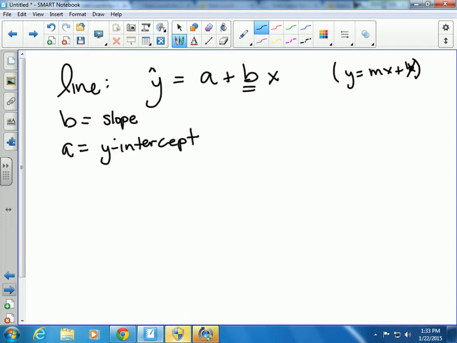Now the problem is the way we find that. b is calculated to be that regression coefficient times the standard deviation of y over the standard deviation of x. And if you remember that our equation is therefore, I'm going to put the sy over sx out front because multiplication is commutative and I can move it back and forth.